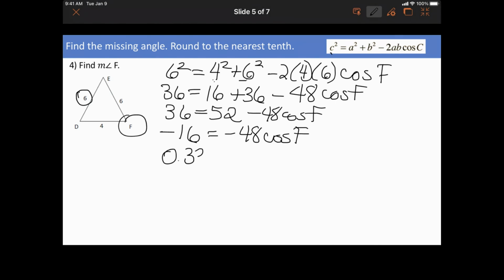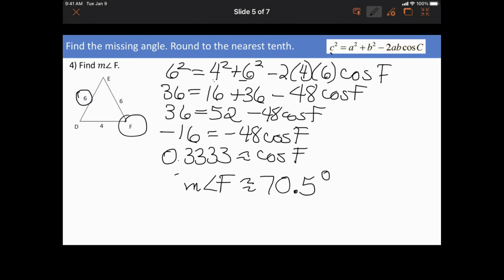I have a bunch of 3s. Then I'm going to do the inverse. And I have the measurement of angle F. It's approximately 70.5 degrees. So this is how you can find a missing side or a missing angle.